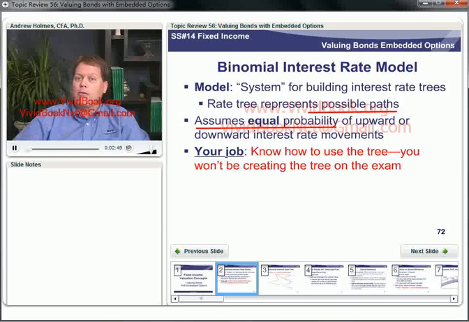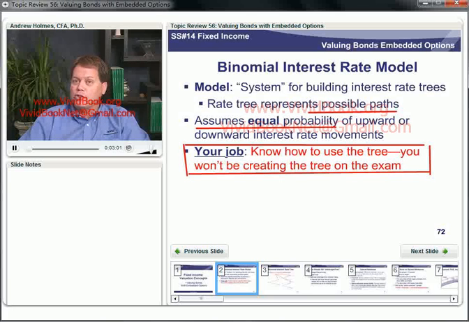So equal probabilities here. But one of the big differences between what we see here and what we'll see in the stock option model is you don't have to actually build the tree, the interest rate tree here. You will have to build a stock price tree, but all you need to do is know how to use the interest rate tree on the exam. So building the interest rate tree actually requires a bootstrapping process and then a calibration process.